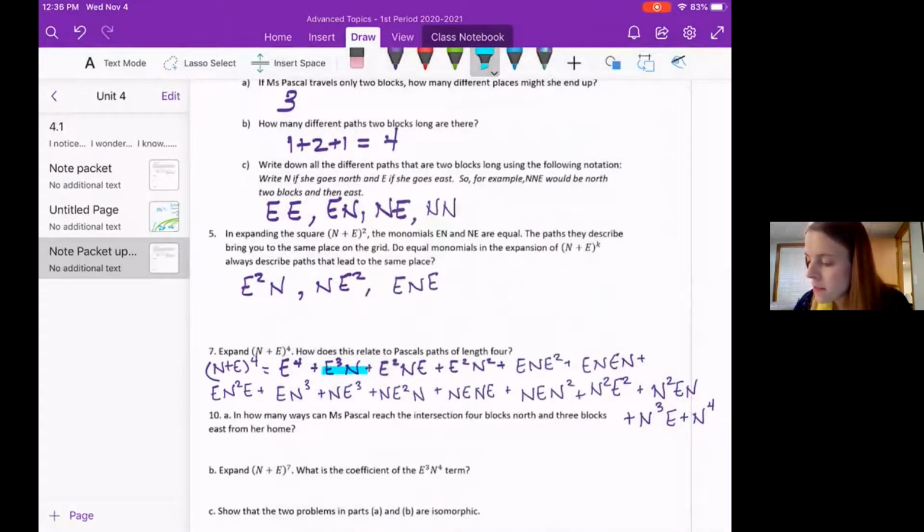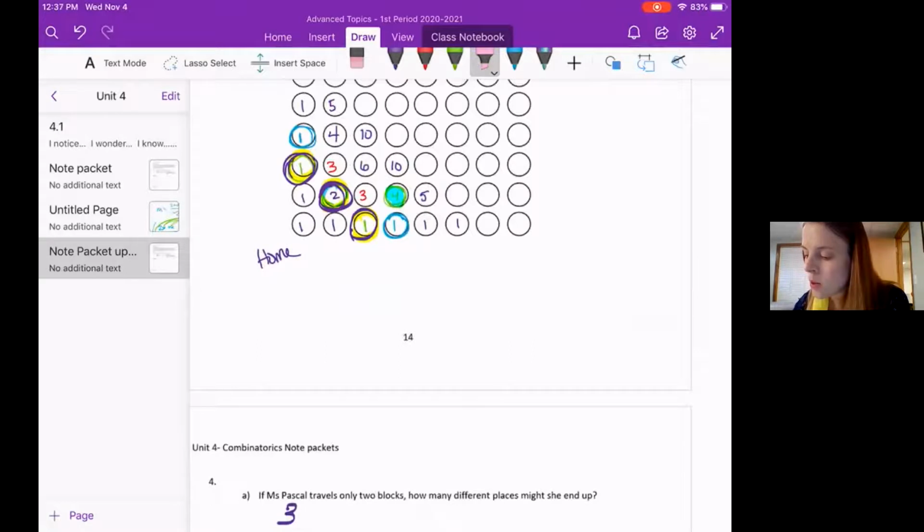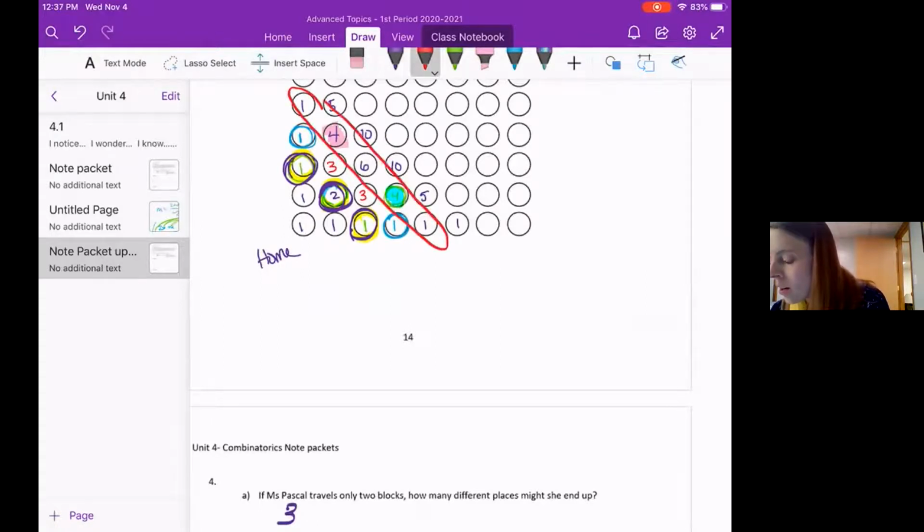Let's look at ne n squared, for example. So north, then east, then north twice. We would end up here. So you'll notice if you continue to do this, that all of the entries that we just listed out are actually showing up on this diagonal.